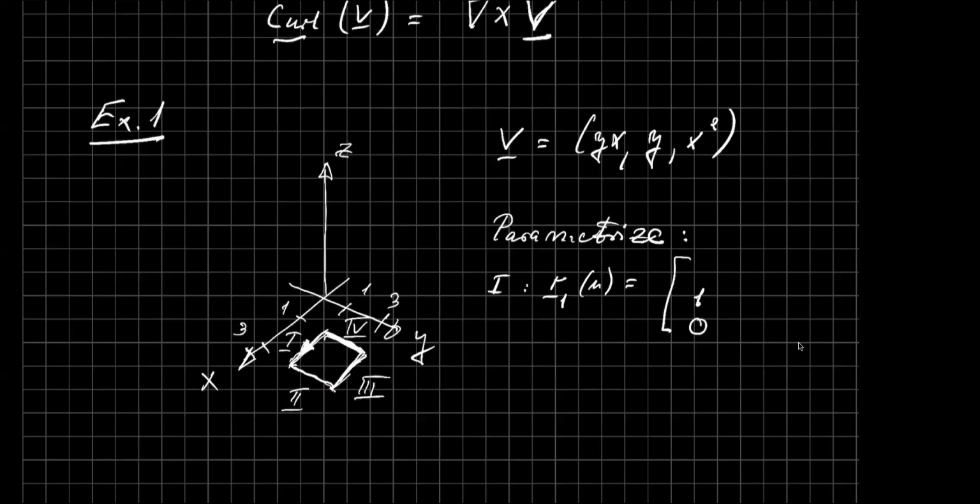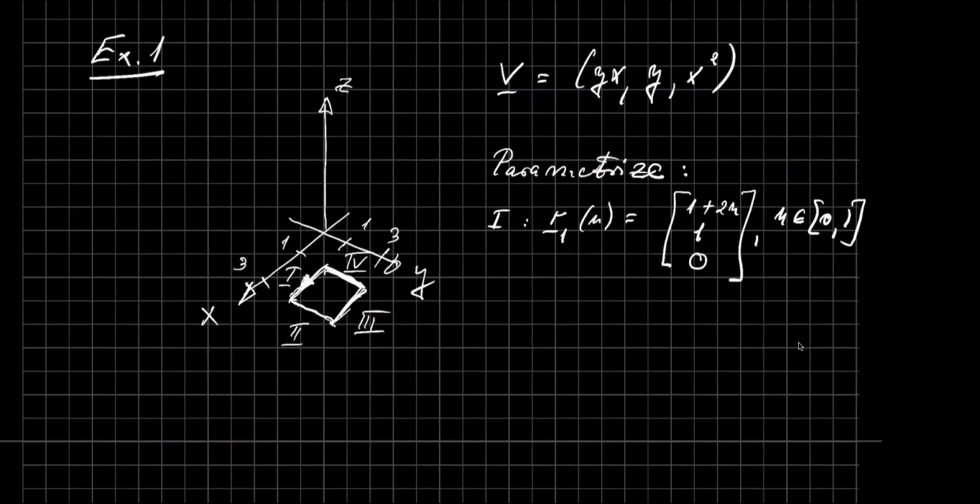And x varies from 1 to 3, and you can write this as 1 plus 2u. And in this sense, u belongs to the interval from 0 to 1. When u is 0, we have 1, 1, 0. This is this point. And when u is 1, then you have 3, 1, 0.